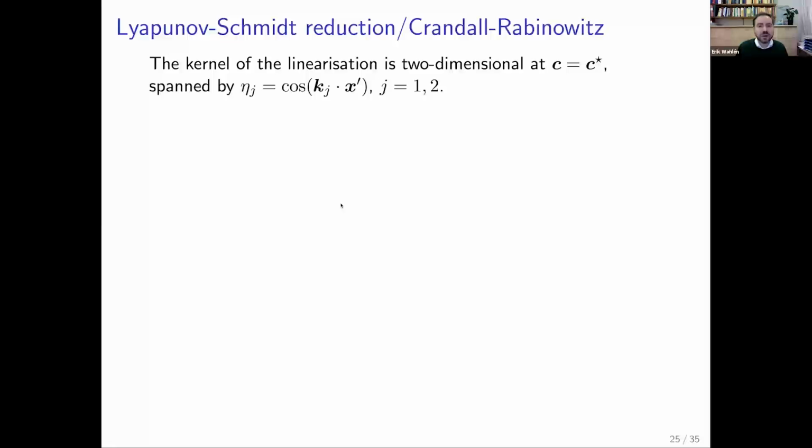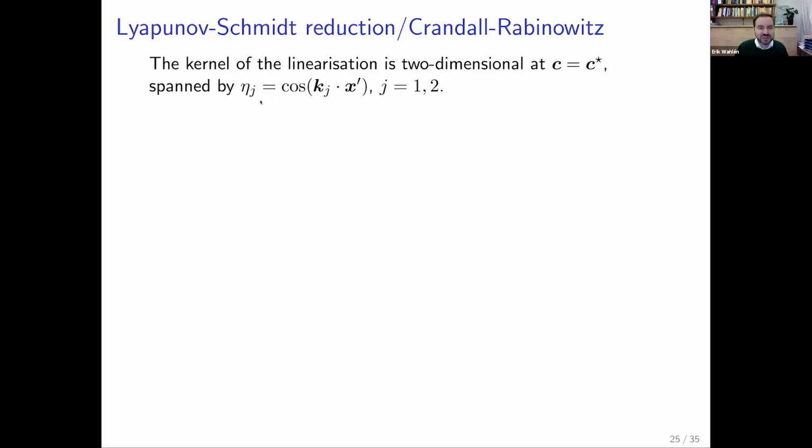Okay, so once we have done that reduction to the surface, then we use Lyapunov-Schmidt reduction and the Crandall-Rabinowitz type arguments. So at these specific values of C star, or specific values of C, where we have this nice transverse intersection, the kernel is two-dimensional.